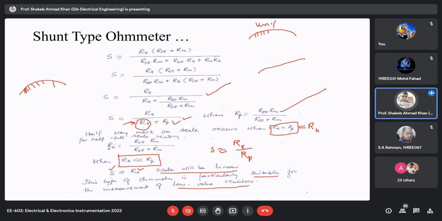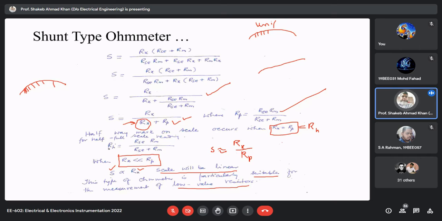So this is how we analyzed the normalized current expression. If you want a larger range ohmmeter using a shunt type ohmmeter, then your scale will be non-uniform.